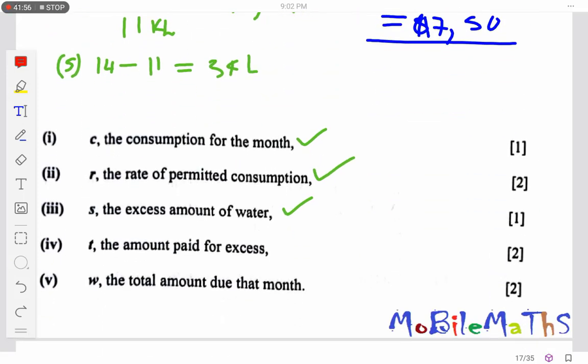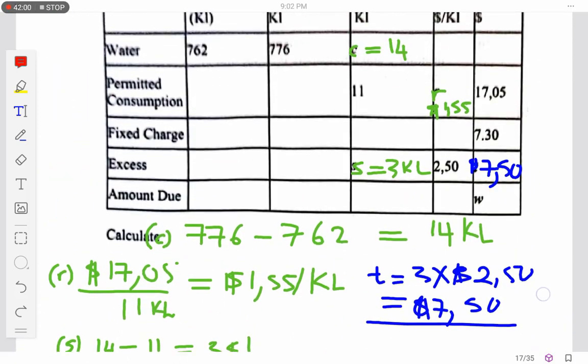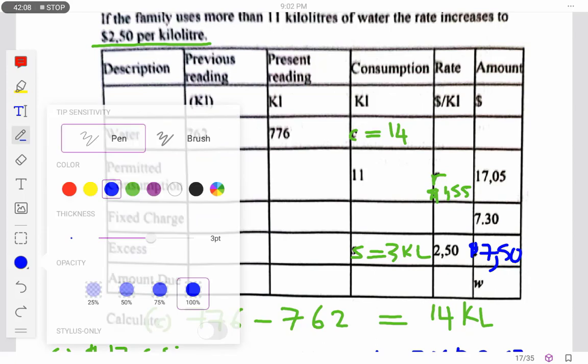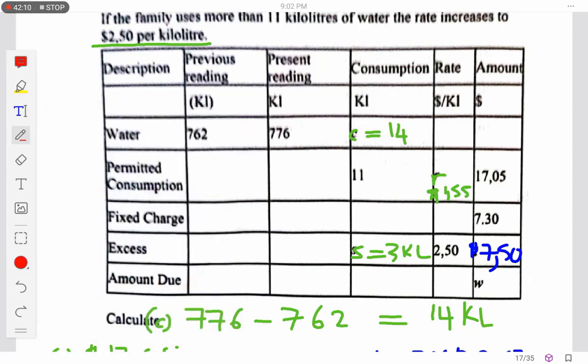W, the total amount due that month. So we want to find how much this family is going to pay. The money they are going to pay is going to be equal to the permitted consumption for 11 kiloliters plus the excess of 3 kiloliters. Then whether you are using your water or not, there is a fixed charge.